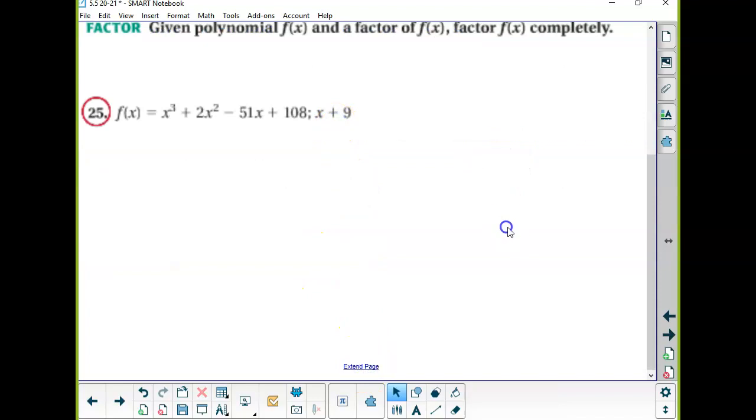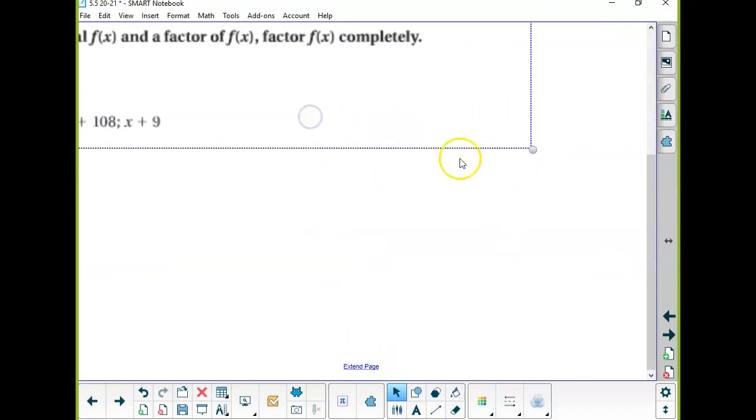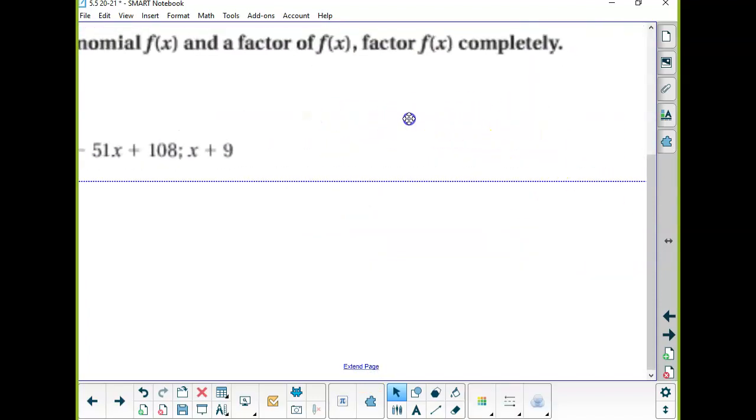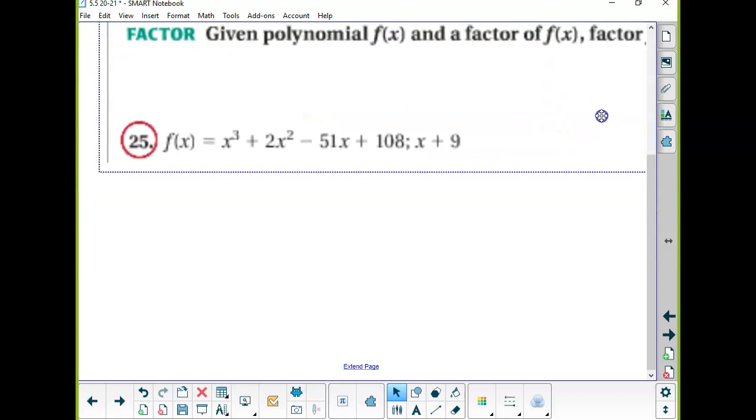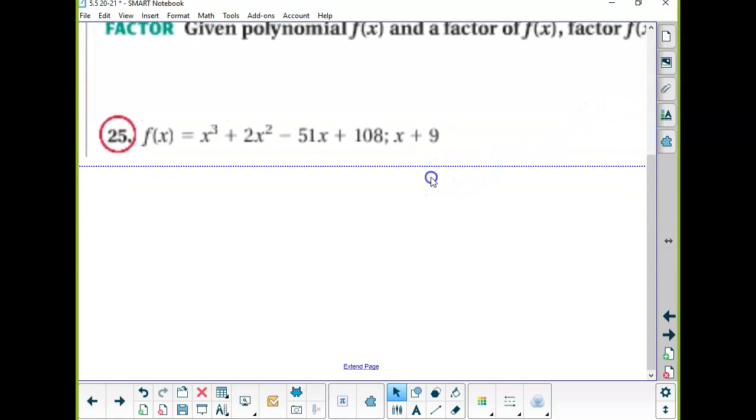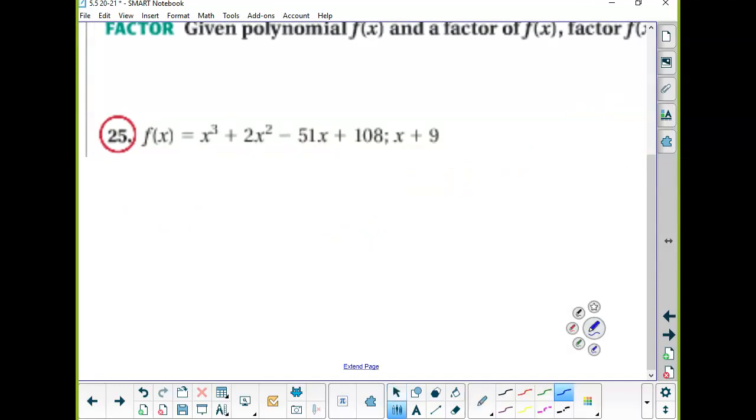So let me show you this. I'm going to make it a little bigger. Okay, so let me rewrite this. So I have x to the third plus 2x squared minus 51x plus 108.